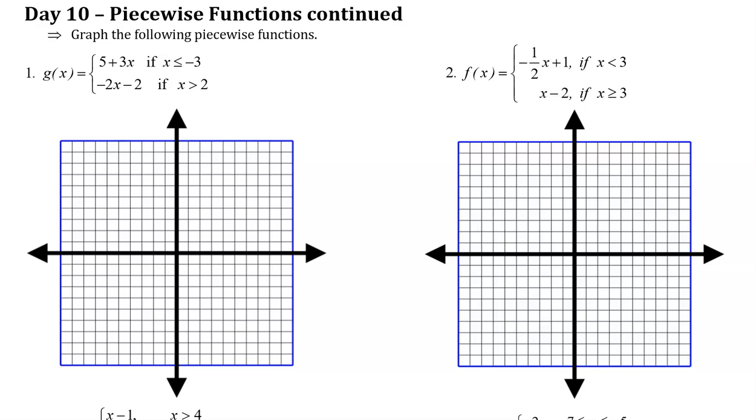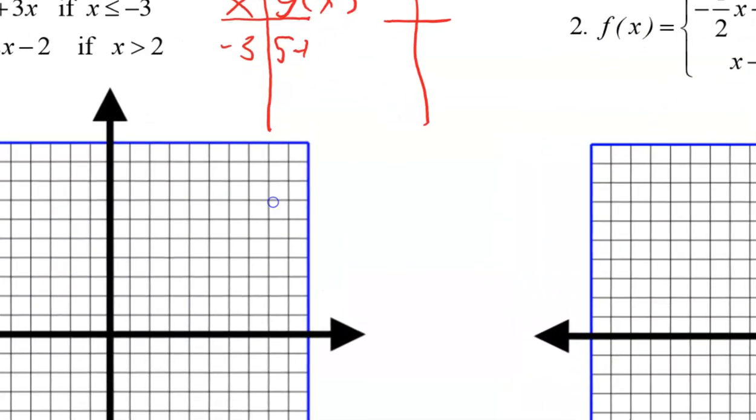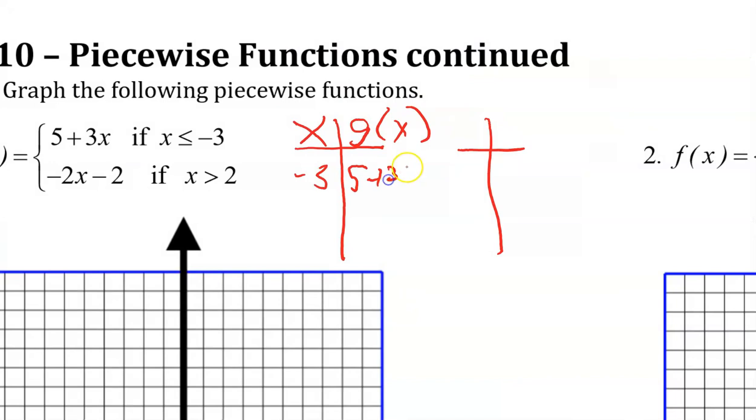So let's start with the first piece where x is less than or equal to -3. So we're going to have x and g of x. For x equals -3, g of x is 5 plus 3 times -3. 3 times -3 is -9, plus 5 is -4.